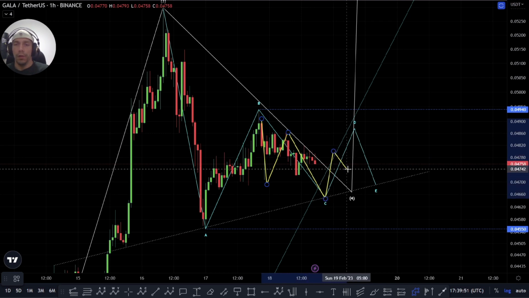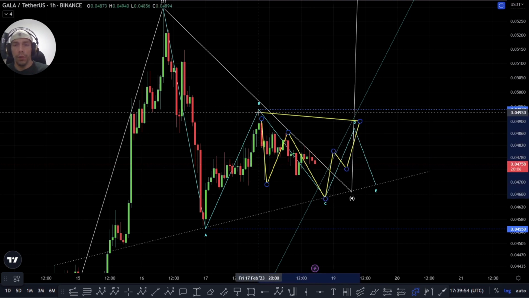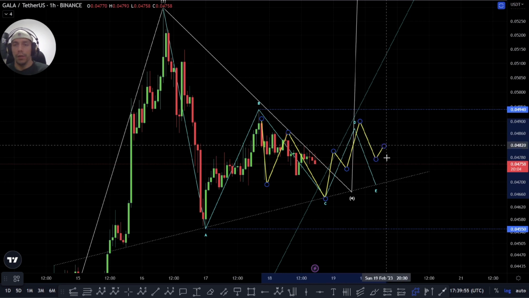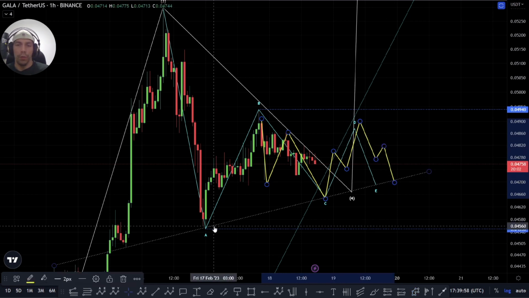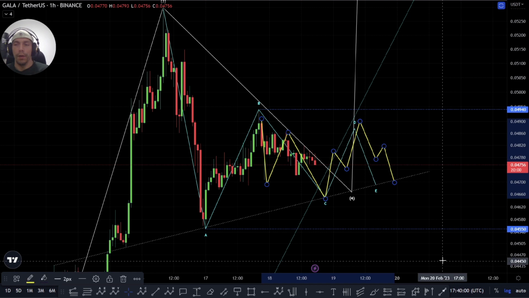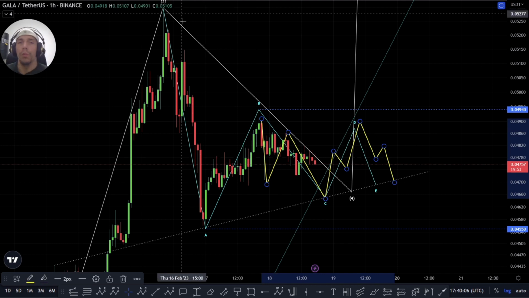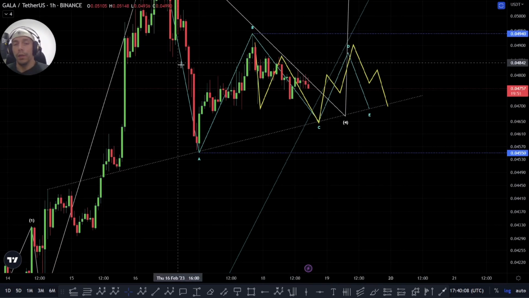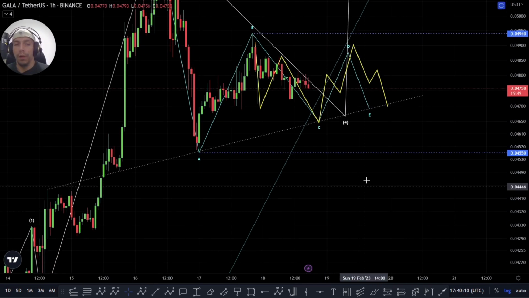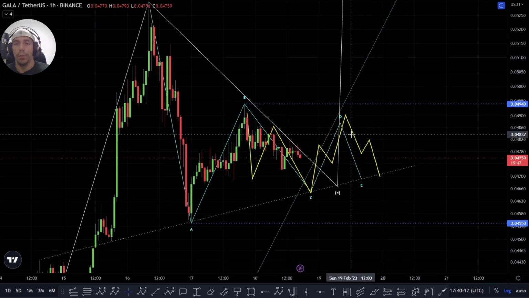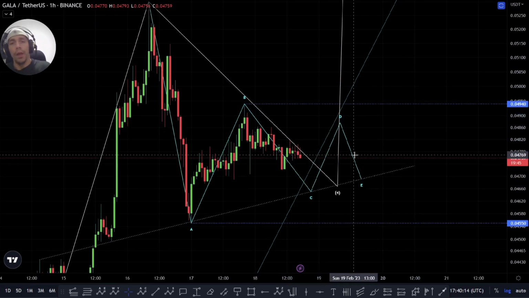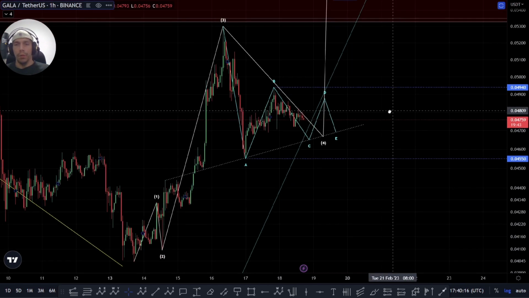Then we want to see another 3-wave move to the upside, not breaking this high point, and then another 3-wave move to the downside, not breaking this low point of this 45.50 area. If we break below that, the triangle option's not valid anymore, and it's more likely that we're looking for either that sell-off or that potential B wave, and then that push to the upside that we went over in the previous option. So that's what we'll be looking out for here.